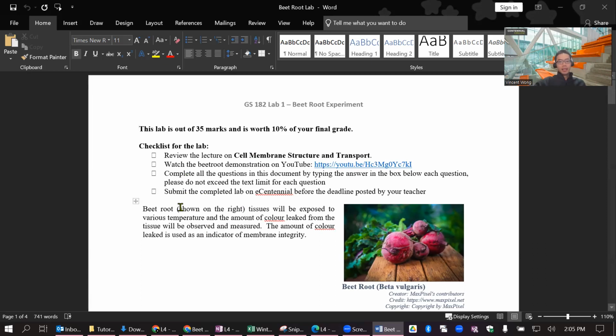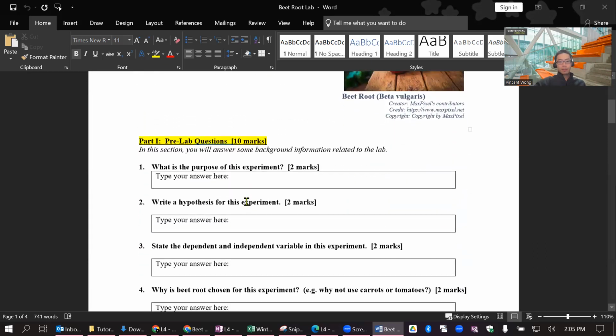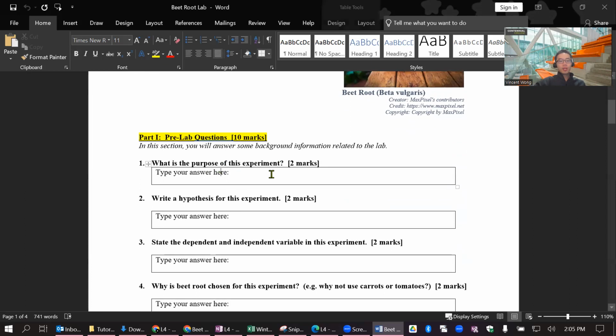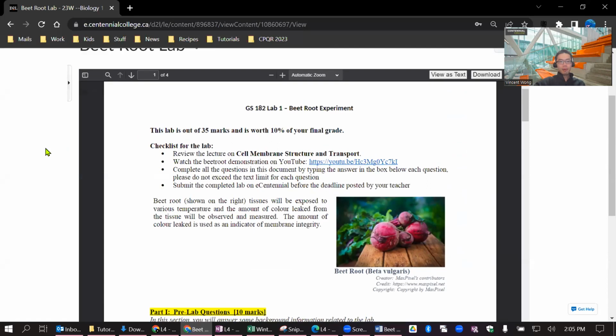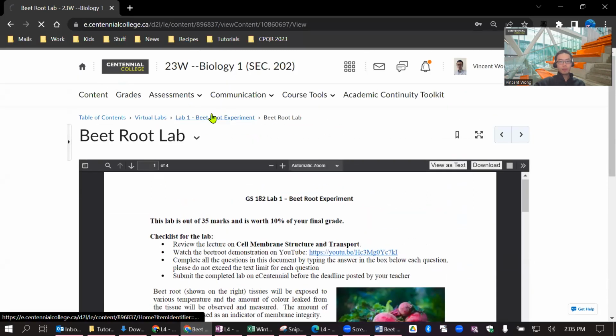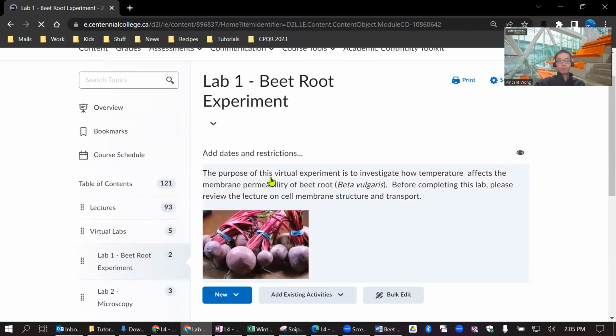Okay. All right. So the lab is just answering these questions. For example, the first part here, 2 marks. What is the purpose of this experiment? Well, the lab over here, if I just go back, it says the purpose of this experiment is to investigate how temperature affects membrane permeability of beetroot.